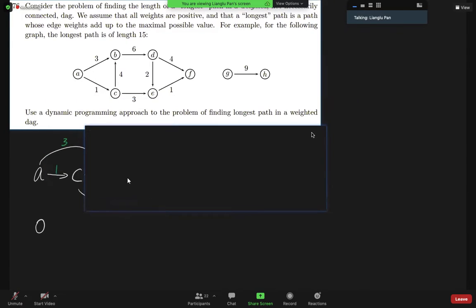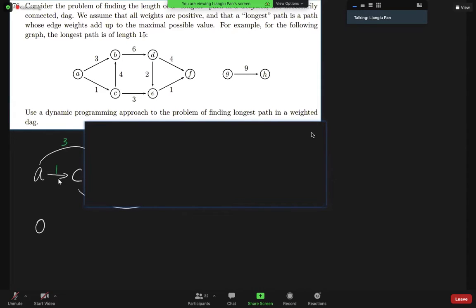Now let's move on to the next one. Now we have one more node that we want to consider. For node C, what is the longest distance or longest path that ends at node C? And looks like in this case, C has an incoming edge.